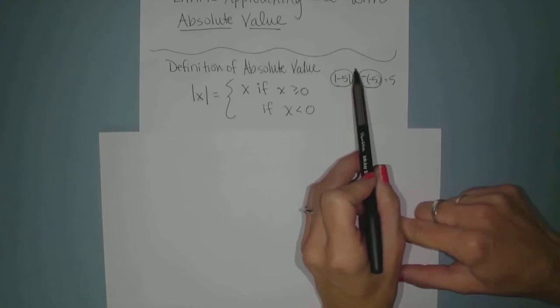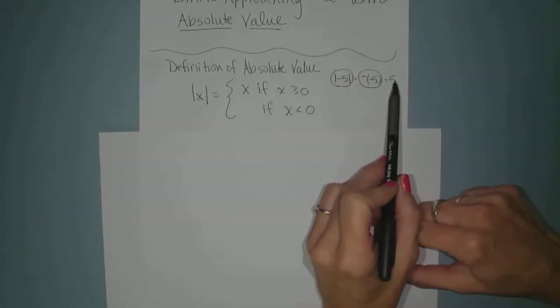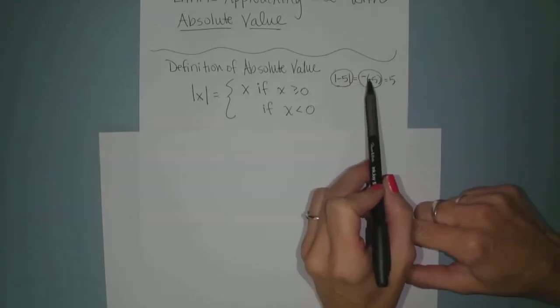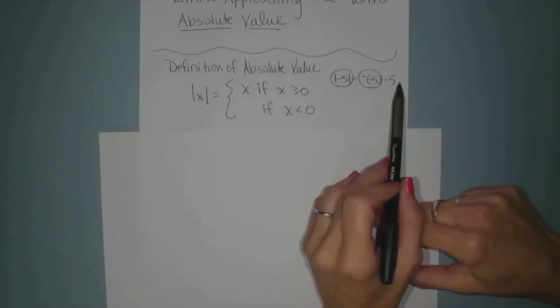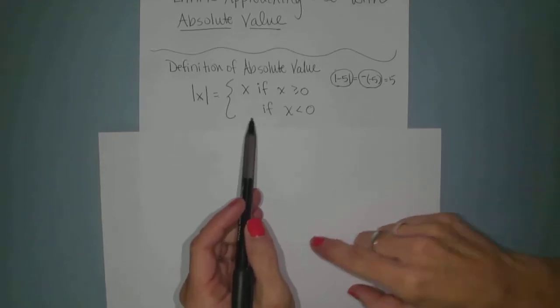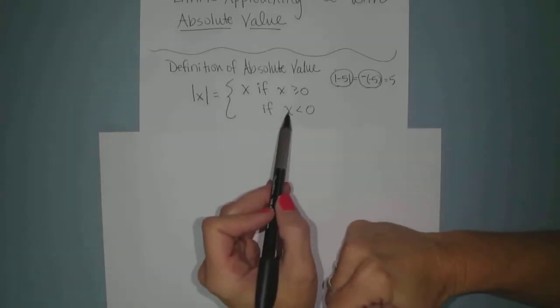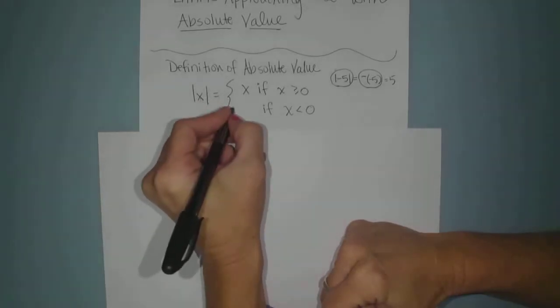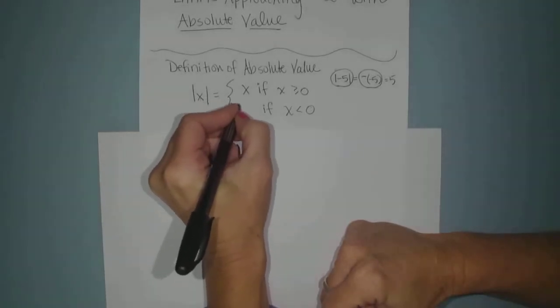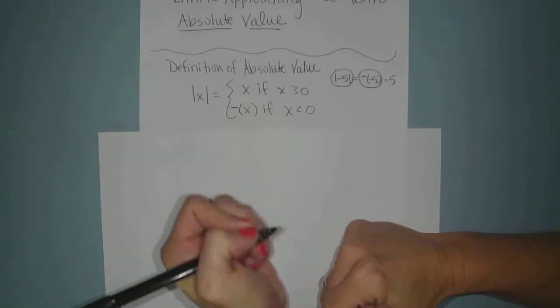One has the absolute value bars, which is going to shoot you out to 5. One does not have the absolute value bars, but still the opposite of a negative is a positive. So the way I'm going to define this over here is that if the x starts negative in here, then the answer is the opposite of that negative number.